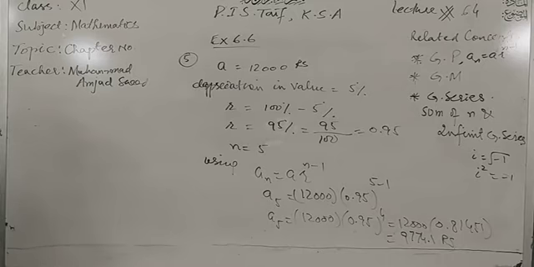After this, we have question number 6, 7, and 8. Which term of the sequence? Question number 6. If a, b, c, d are in GP, then prove that they are also in GP. And question number 8.